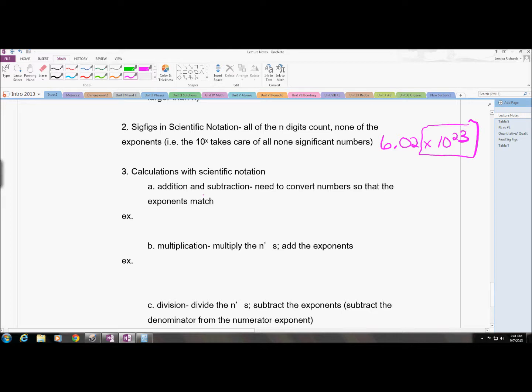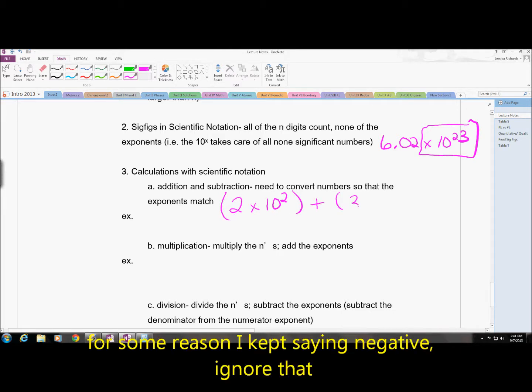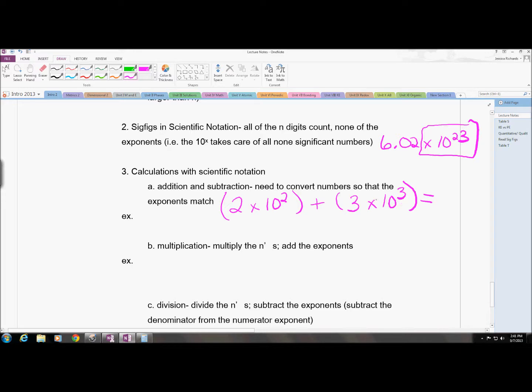When we do scientific notation, if you're adding and subtracting, you have to convert the numbers so the exponents match. So for example, if I have 2 times 10 to the second plus 3 times 10 to the third, I either need to make this to the third or this one to the second.